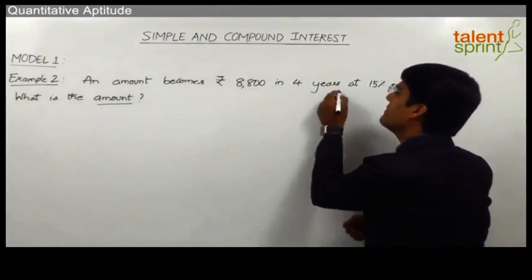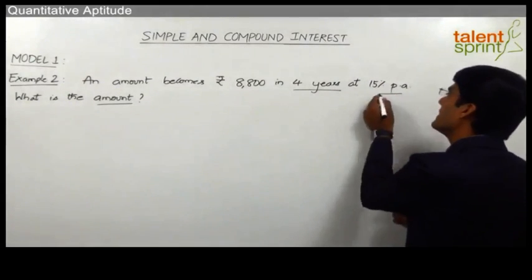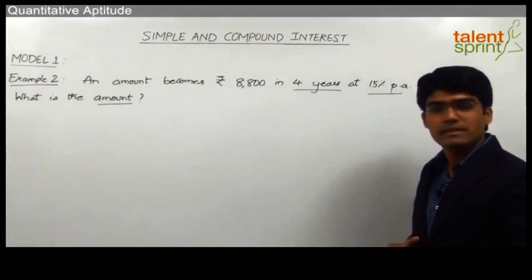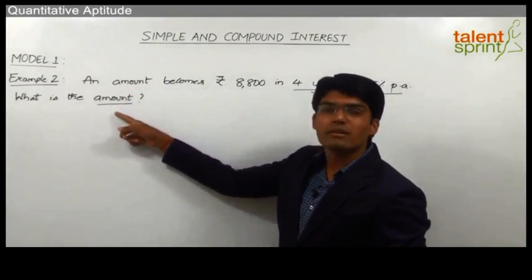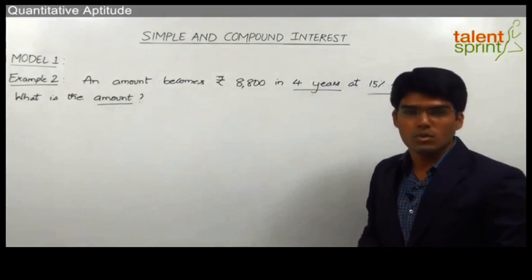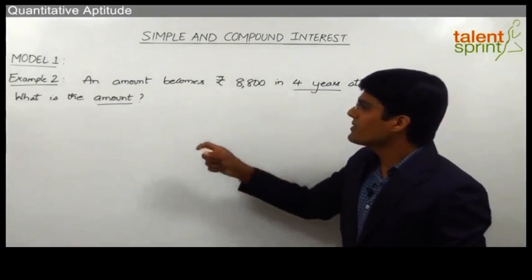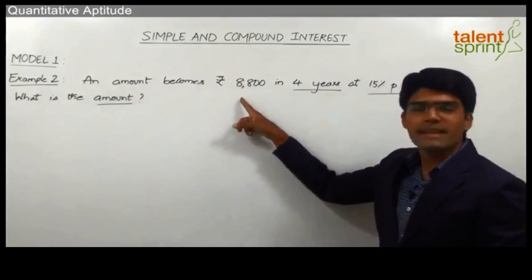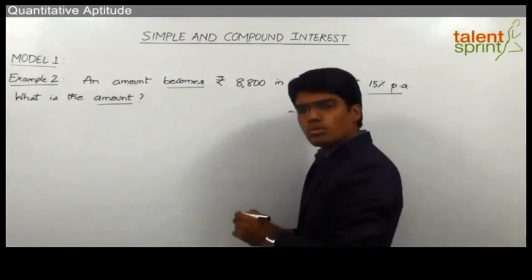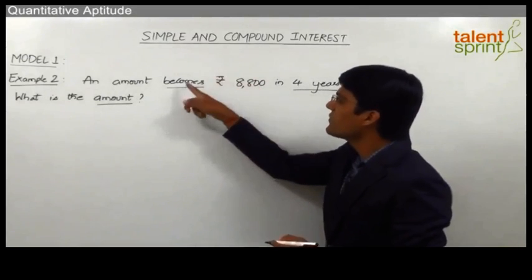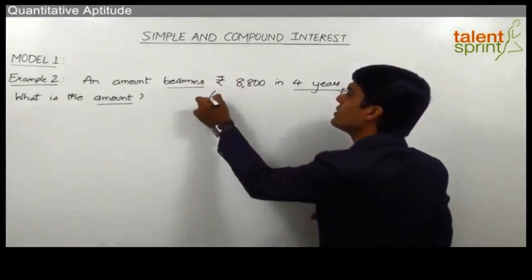That means the time period is 4 years, that is very clear, and the rate of interest is 15% per annum. Even that is fine. But the point again remains: what amount should be calculated? Is it the principal amount or the total amount? Now the point to be understood here is an amount becomes rupees 8,800. Remember that whenever the word becomes is used, the value which follows becomes is always the total amount.